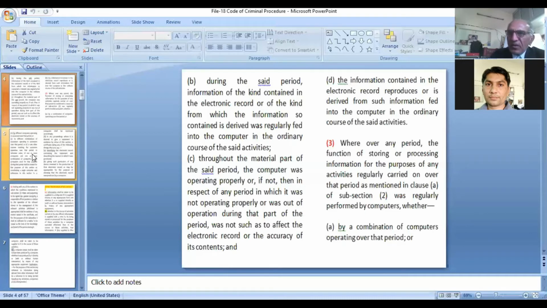Therefore, this set of A, B, C, and D clauses taken together bring to focus that a computer is a machine.